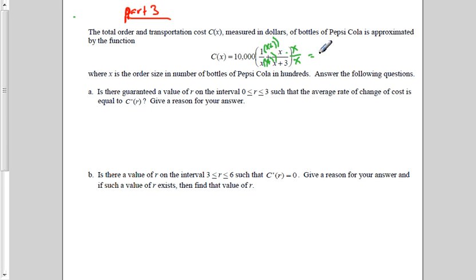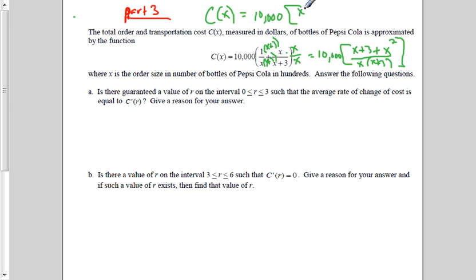So this is still 10,000 times x plus 3 plus x squared, all over that common denominator x times x plus 3. Let me write it in standard form: 10,000 times x squared plus x plus 3, all over x times x plus 3.